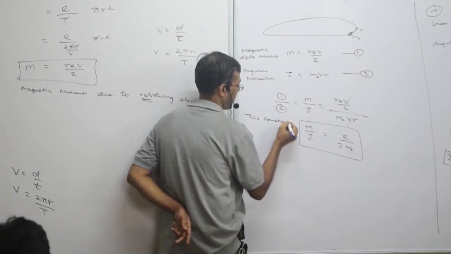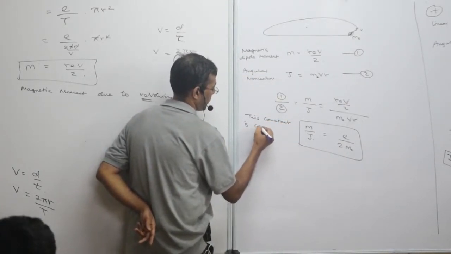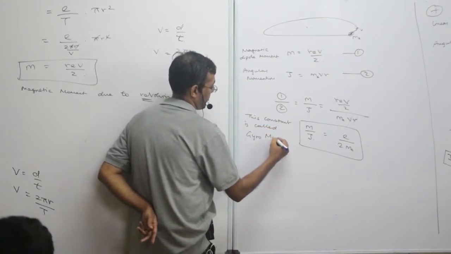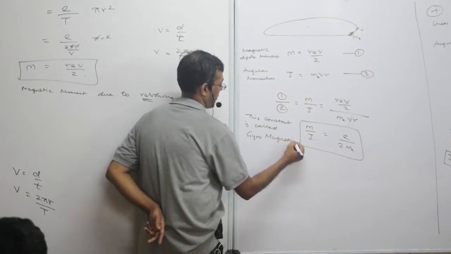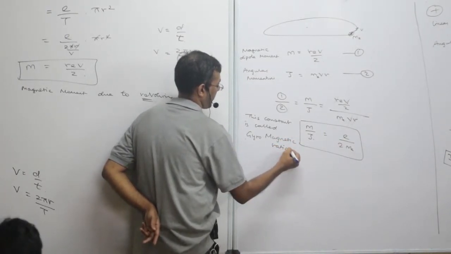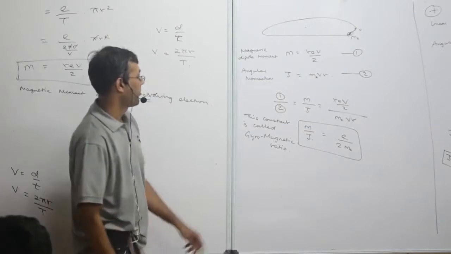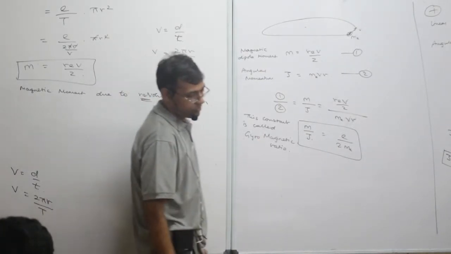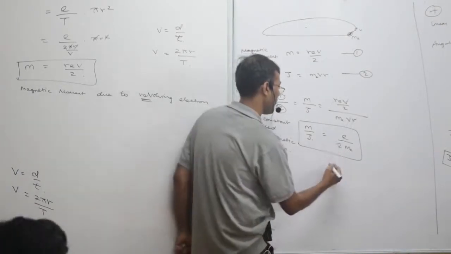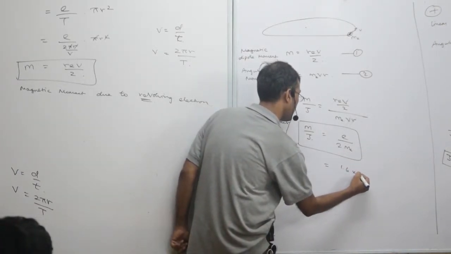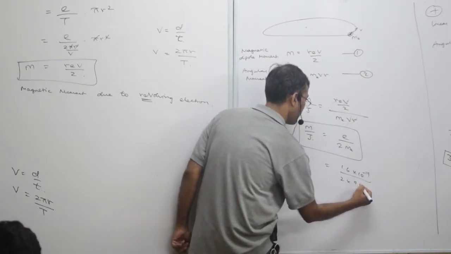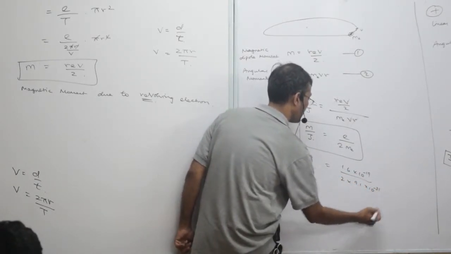This constant is called the gyromagnetic ratio. So if you want the value of this, it would be 1.6 into 10 power minus 19 divided by 2 into 9.1 into 10 power minus 31.